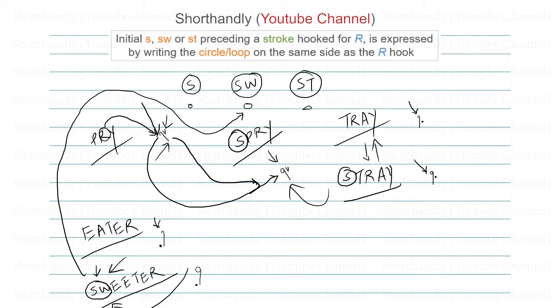Let's take our final example, the word called utter. Utter will be made like this. But what if we have another word called stutter?